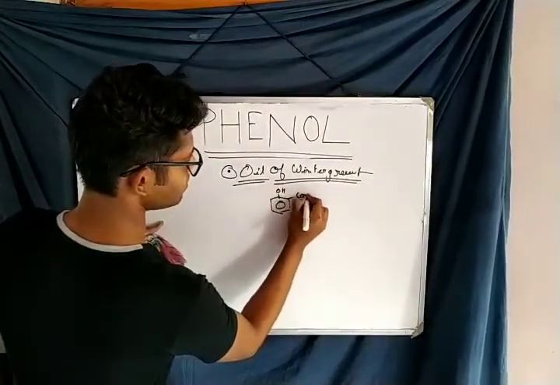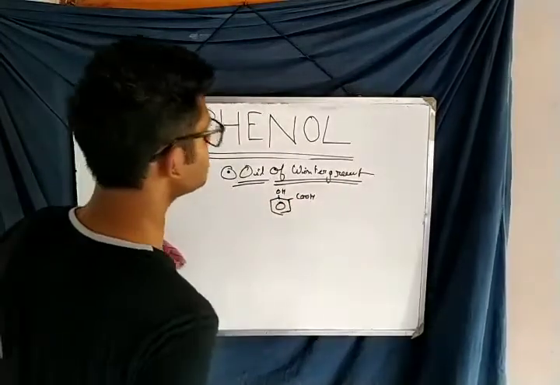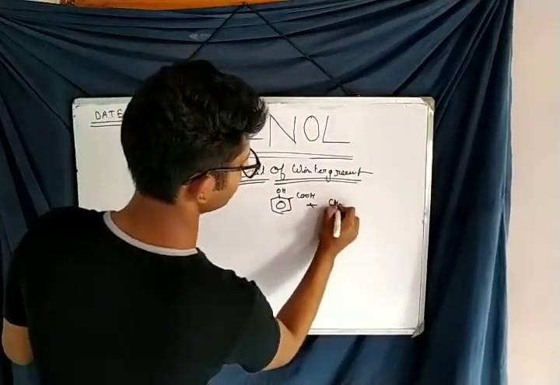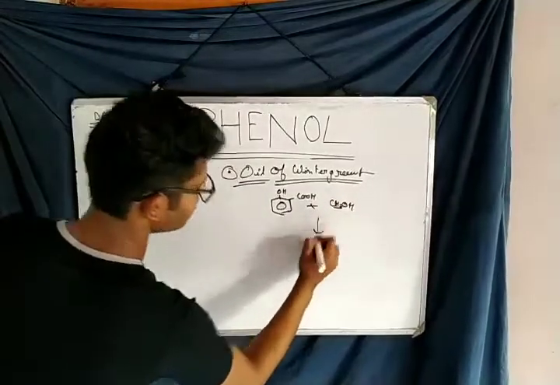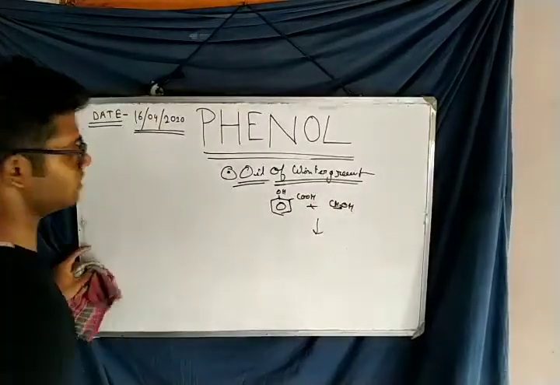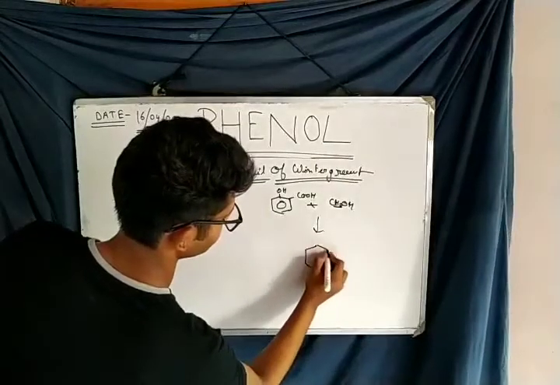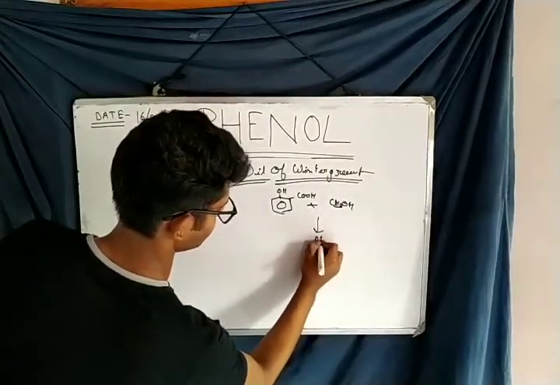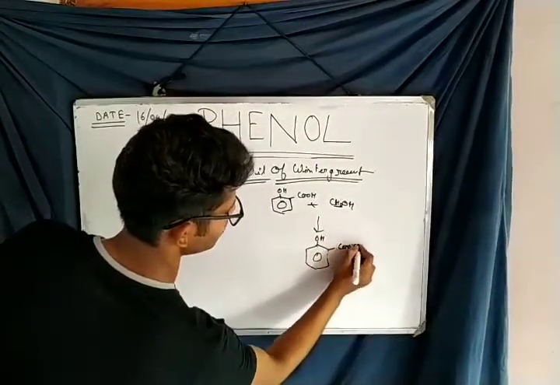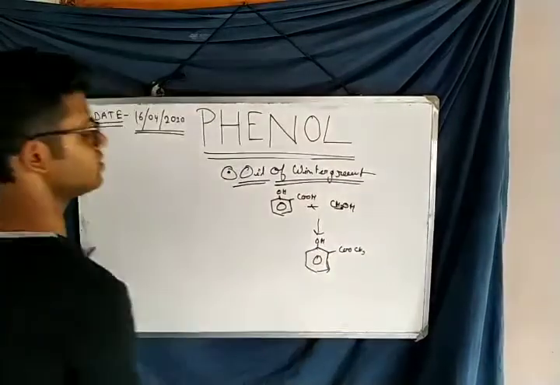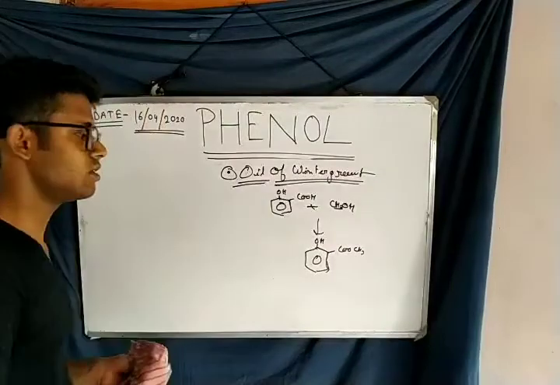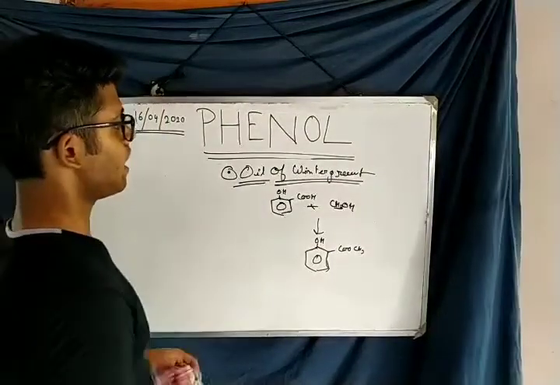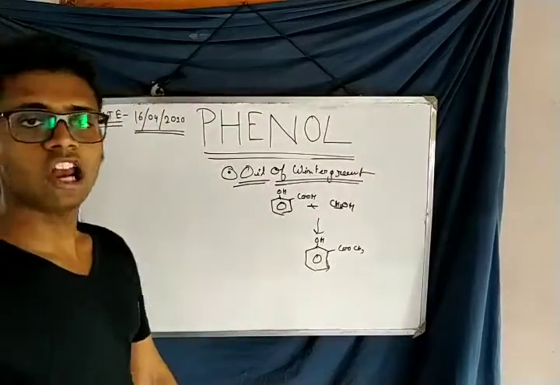When salicylic acid is treated with methanol, the compound yielded from this reaction is OH, COOCH3. This is known as methyl salicylate, and this compound is generally known as oil of wintergreen.